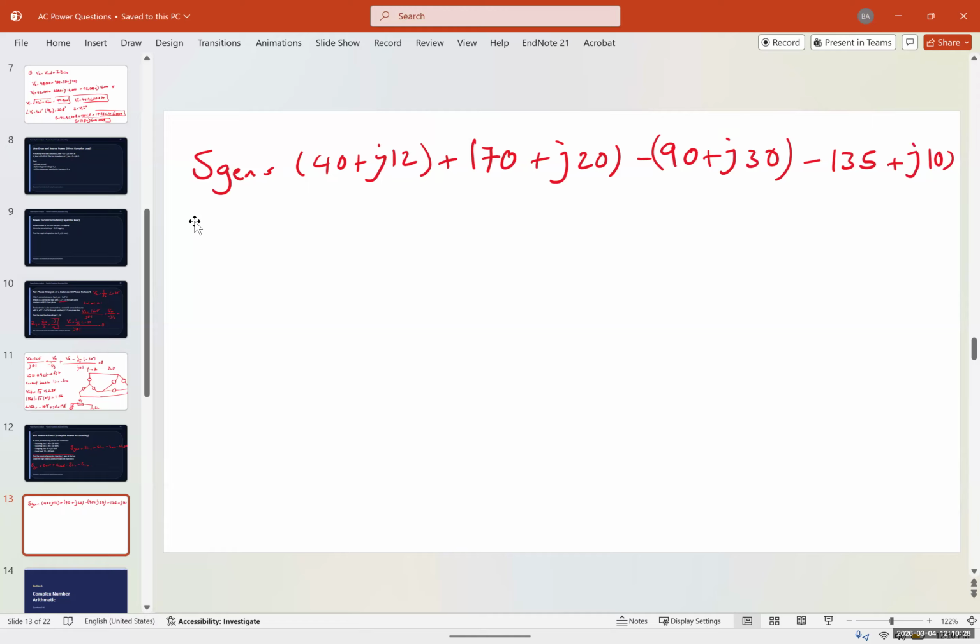And if we add all of them, the generator's power is going to be 110 plus j32 minus 125, which gives us negative 15 minus j8 megavolt amps.